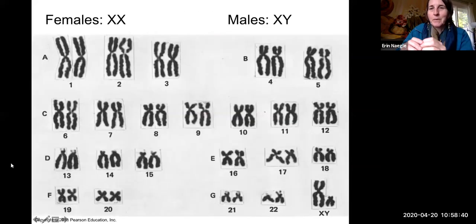So let's talk a little bit about genetics. Every human inherits genetic information from 2 parents, a male and a female, a mother and a father, a sperm and an egg. And that sperm has 23 chromosomes in it, and that egg has 23 chromosomes in it. Now, for 22 of those chromosomes, there is a matching pair, kind of like matching socks.